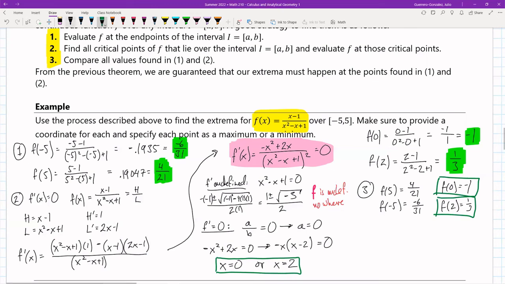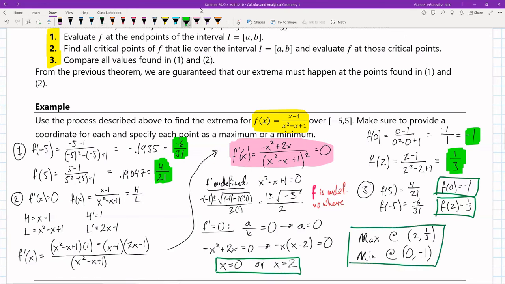That's all I get to do: compare them. So that means our max is at (2, 1/3), and our min is at (0, negative 1). And that is it. This is our final answer right here. Boom.